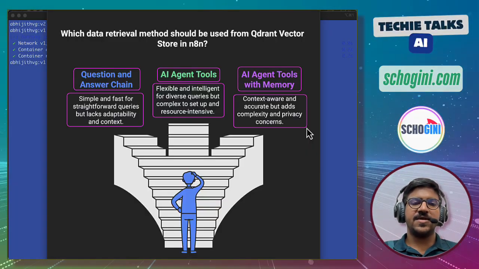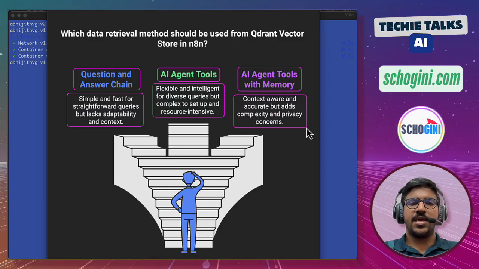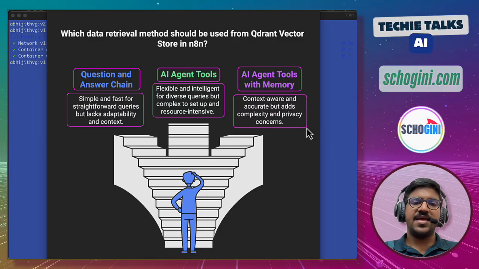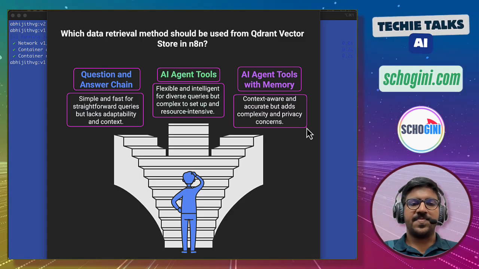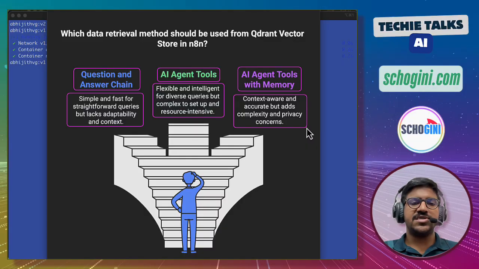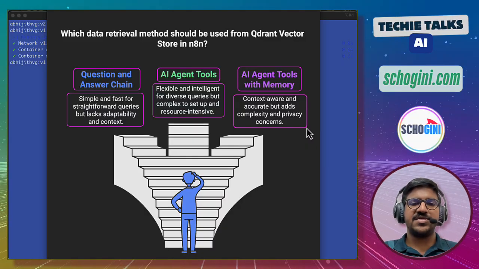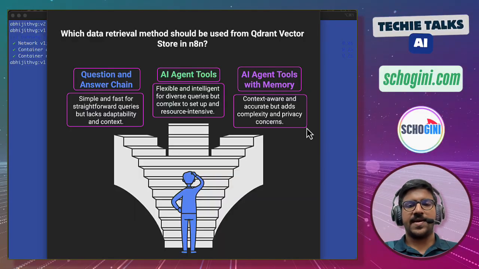These are the 3 ways using which you will be able to query your vector store directly using n8n. Here we are not using any third-party tool or any separate front-end tool, just the n8n chat interface to access the Qdrant vector store data directly.